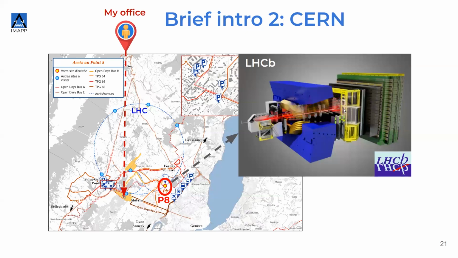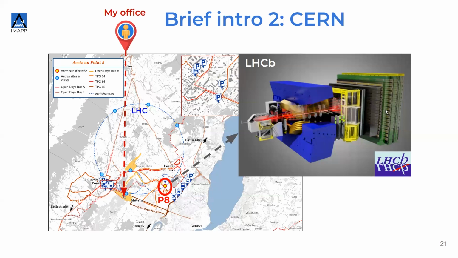There are many, big and small. The well-known ones are CMS, ATLAS, LHCb, and ALICE, but there are also satellite experiments. They are smaller and not as expensive, but they also do nice work.